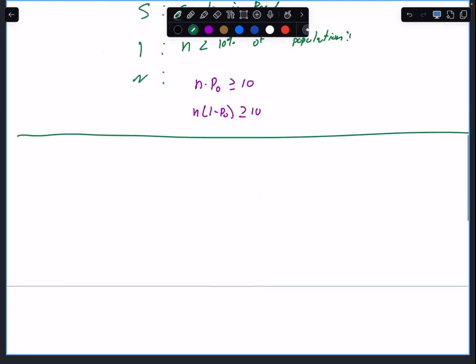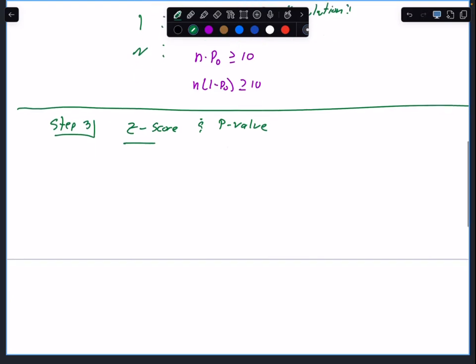Step 3. Step 3 is the z-score and p-value. All right, I'm going to tell you what those are right now. So first off, the z-score is equal to p hat minus P0 over the standard deviation of p hat.